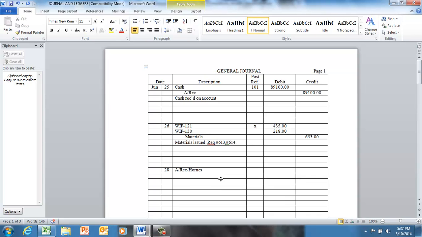However, for this practice set, we do not have an accounts receivable subsidiary ledger, so you won't really have to worry about that. So $8,827.50 is our debit. And then we credit sales, our revenue account, for $8,827.50.